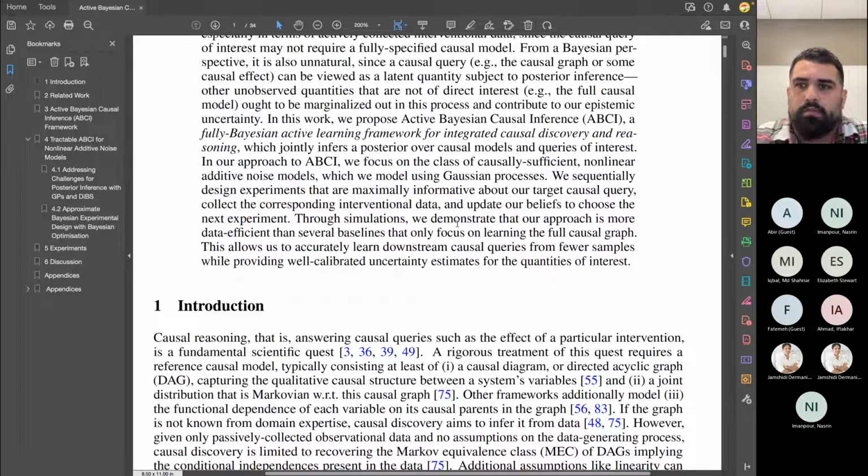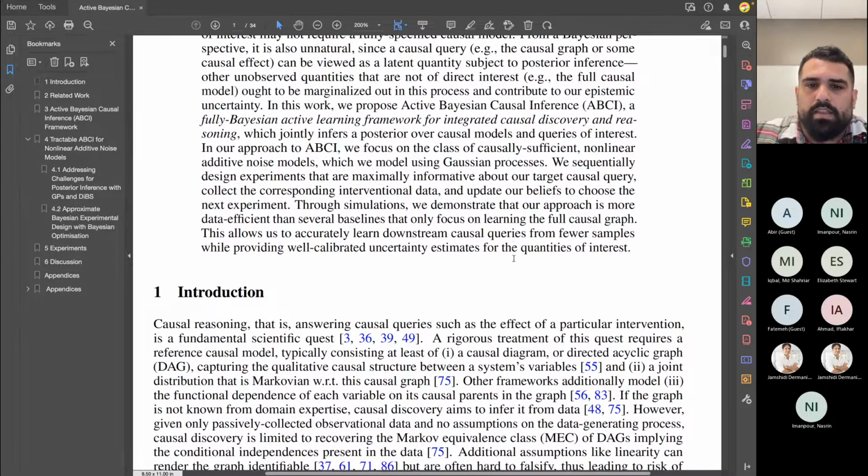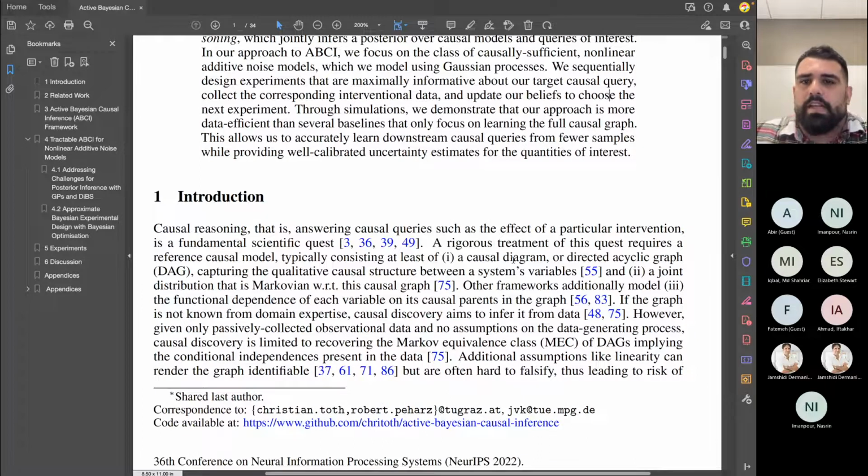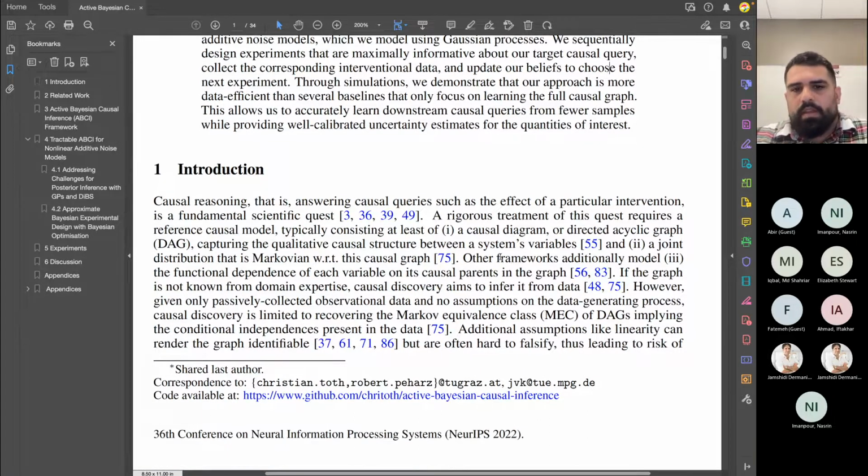One allows interventions on all the nodes in the graph. In the other one, they don't allow performing interventions on all of them. But in the experiment section, they show that their approach has advantages over the previous methods.